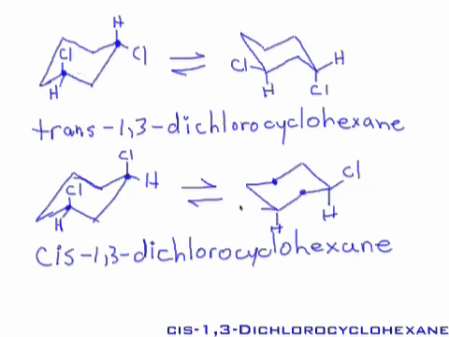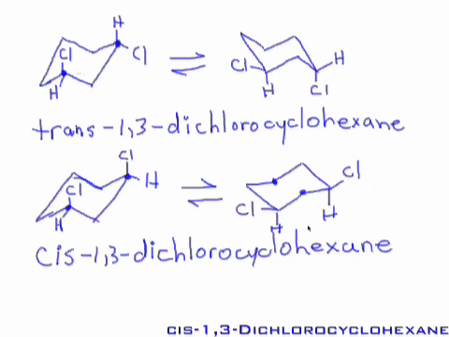Cl is now equatorial. It's harder to see that these are both pointing up. They're angled up a little bit, but these are two chlorines on the same side. But now they've both gone equatorial. And so this is cis-1,3-dichlorocyclohexane. But because we have both chlorines equatorial, we've produced a more stable conformer. This is a more stable conformation than the diaxial case. And so if I said draw the more stable conformer, you would have to draw the one on the right.